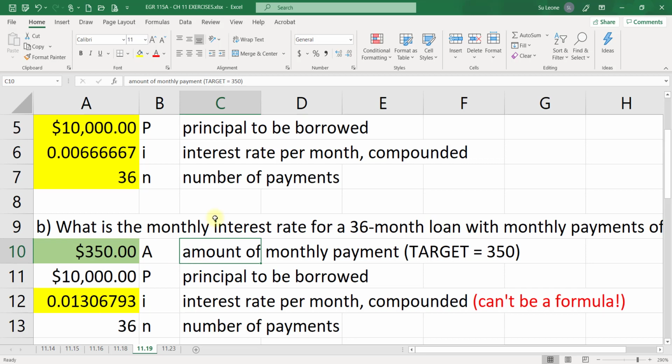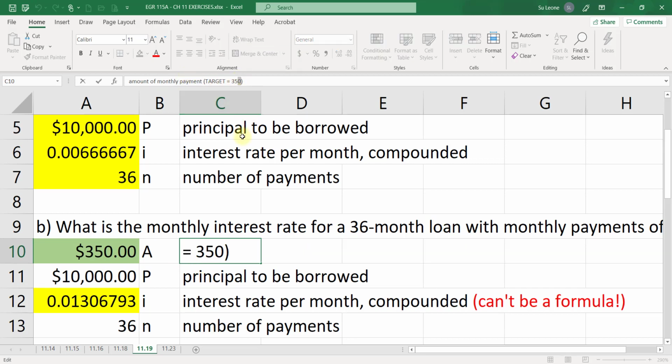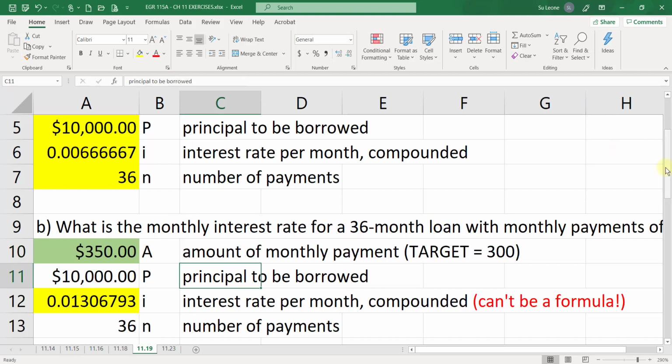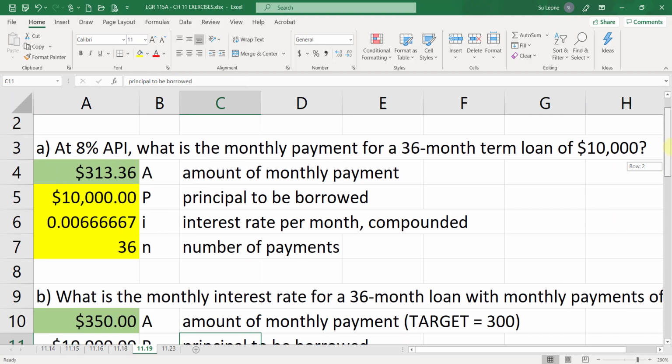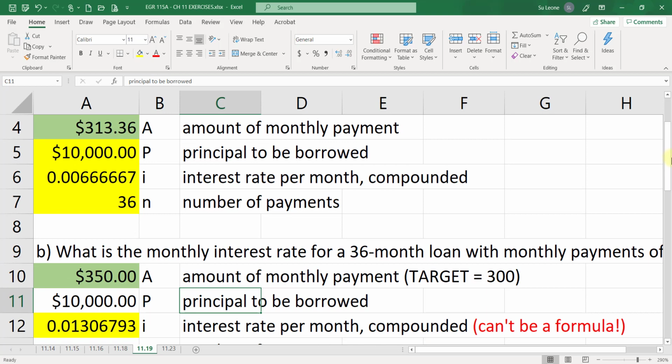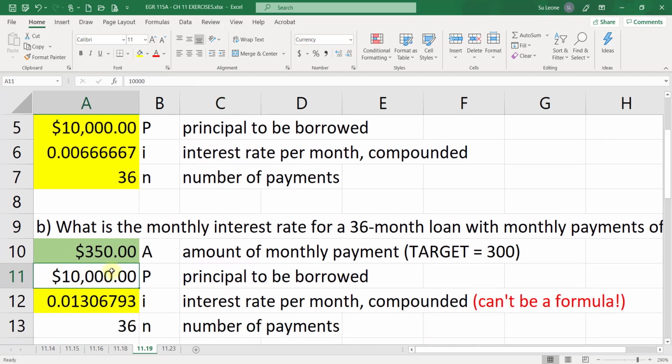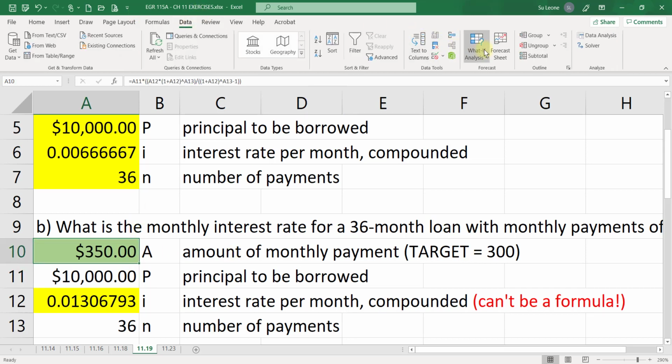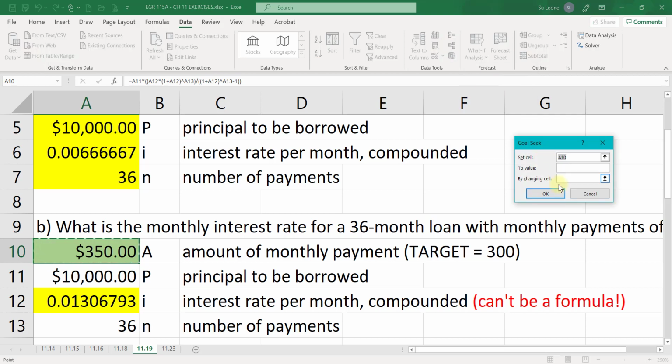So what if the target was $300? What if we're like, no, we want something better? We can't afford $313. Imagine you're at the car dealership. You've got to borrow $10,000 for a car. Maybe you put $1,000 or $2,000 down. You say, well, I can't pay $313 a month. I can only pay $300. And so then the car dealership is going to do this essentially. They probably use a proprietary tool.